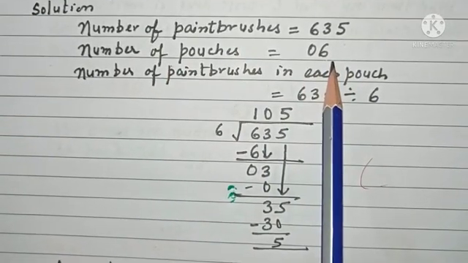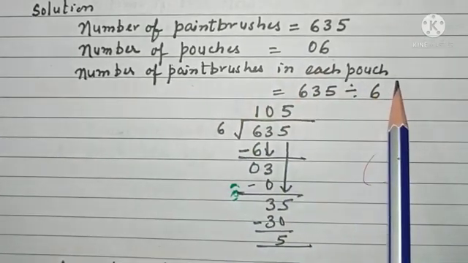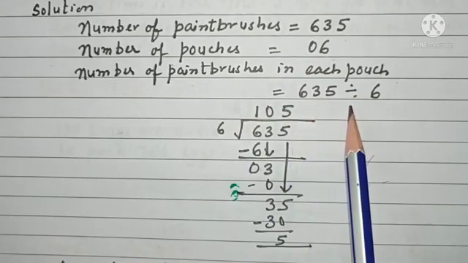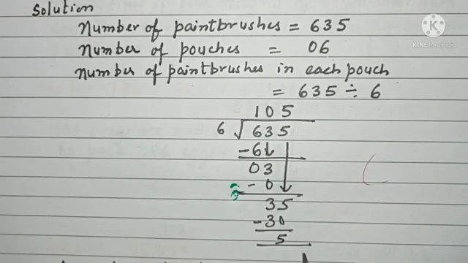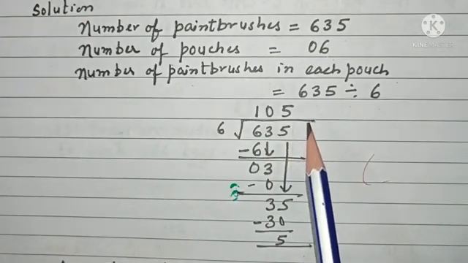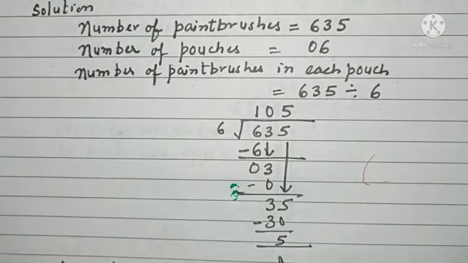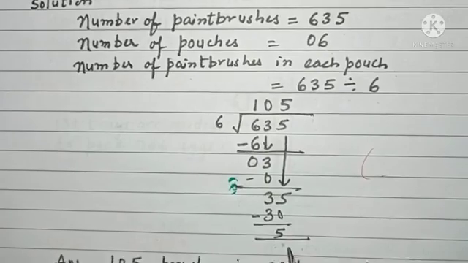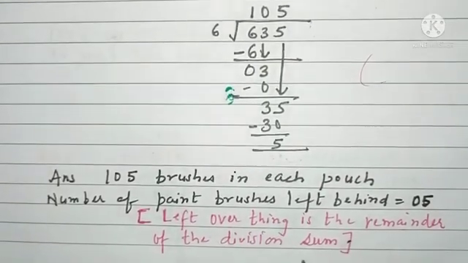And we need to calculate how many paintbrushes there are in each pouch. So 635 is to be divided by 6, and on doing the long division method, we have got the answer as 105. That is 105 brushes will be there in each pouch, and then we are left with the remainder, that is 5, which is the number of paintbrushes which are left behind. So the leftover is the remainder of the division sum.